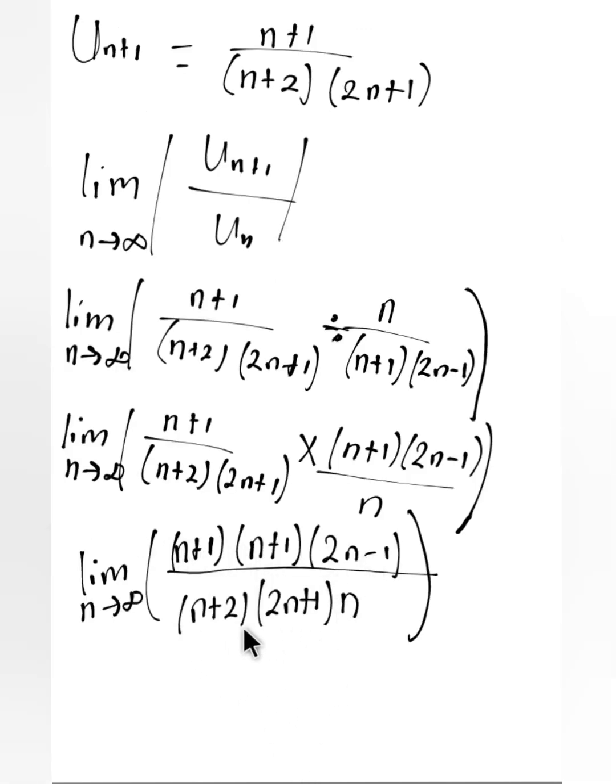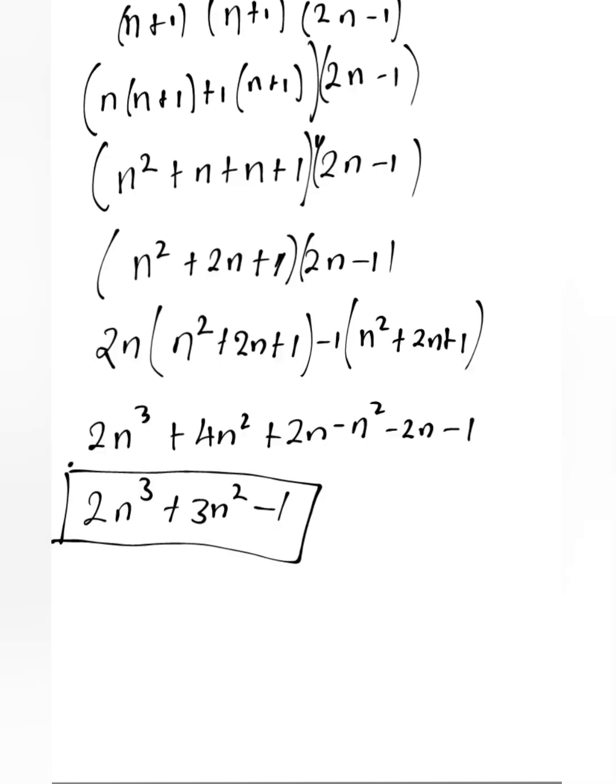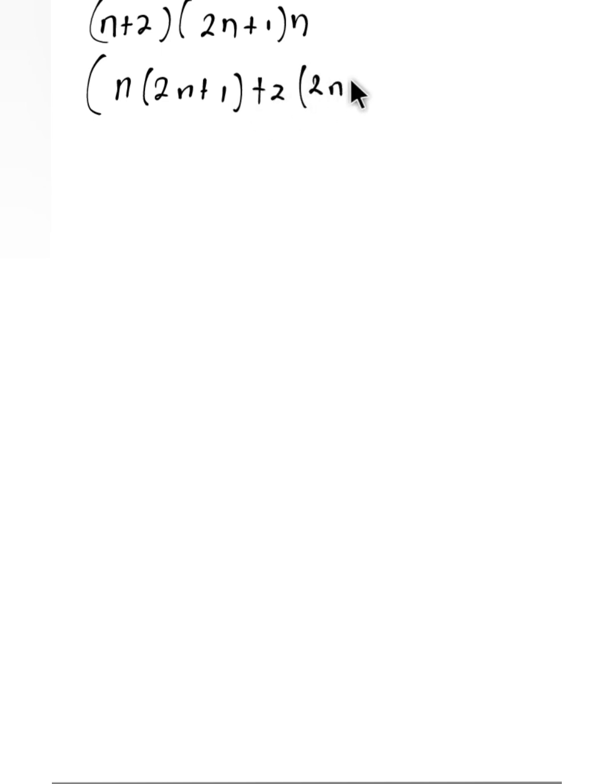Now let's solve the denominator. So for the denominator, we have n plus 2 into 2n plus 1 into n. So we also need to simplify this expression. So let's expand these two brackets. Open the bigger bracket, n into 2n plus 1 plus 2 into 2n plus 1, then n.